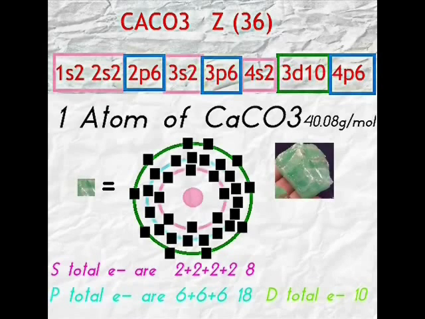In one atom of calcium carbonate, we can align all the electrons corresponding to their own orbitals. We first calculate the total sum of electrons located in all the s orbits, which are 8, and then we align them to the orbit until our orbitals are filled with their total number of electrons from the electronic configuration code.